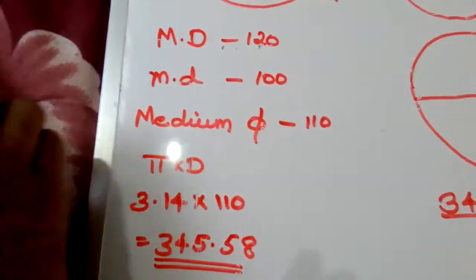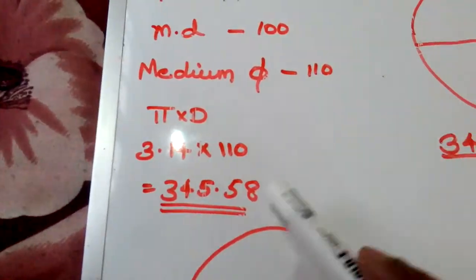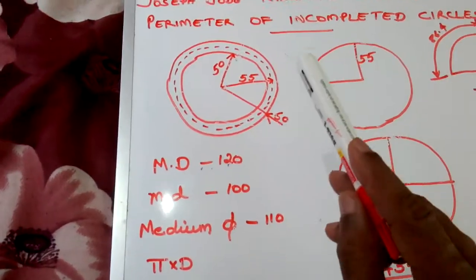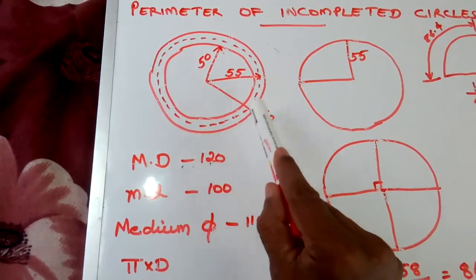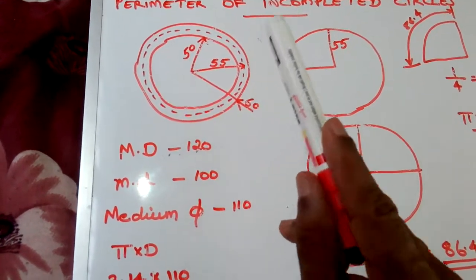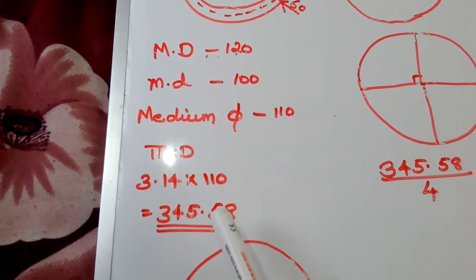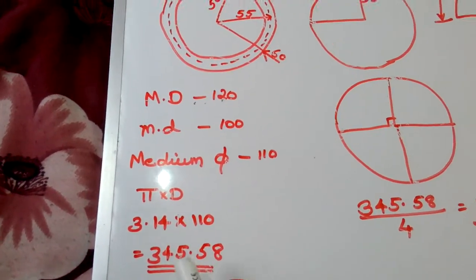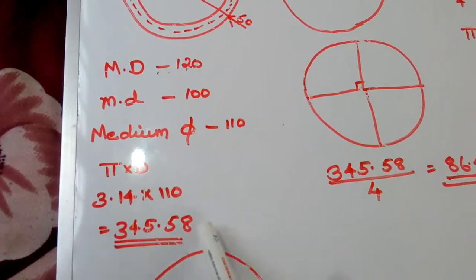So we can use 345.58. If we have to make this kind of one shell, one round, one cylinder, we will have to take a length of 345.58. It will be the length of that development.